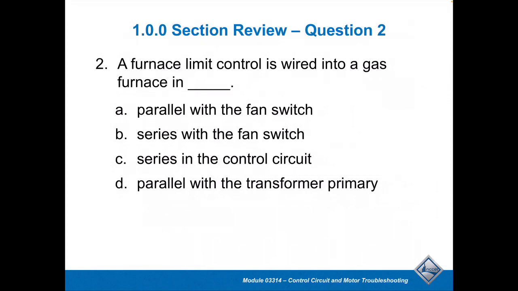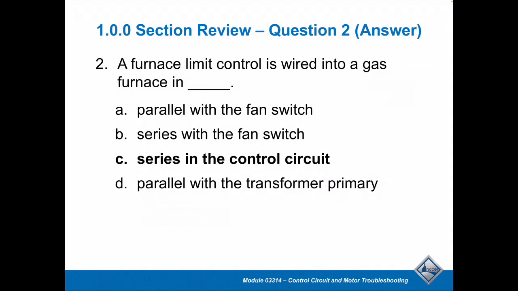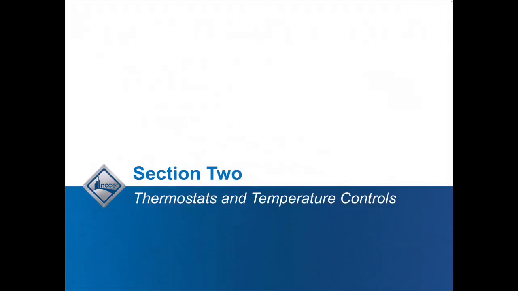Typically limits or those types of safeties you would want wired in series. But it would not be wired in series with the fan switch. It would have to be wired in series with something related to the control circuit, and of course that would be maybe in series with the thermostat or the gas valve or something like that.